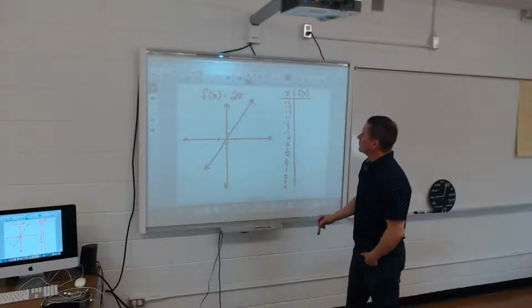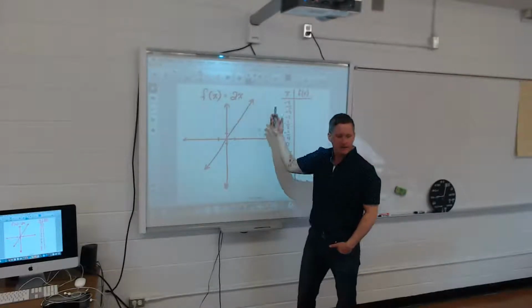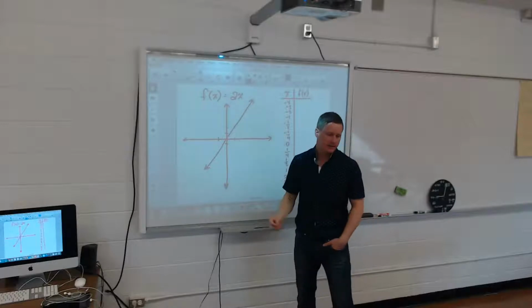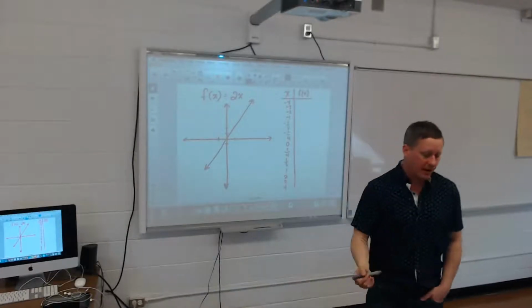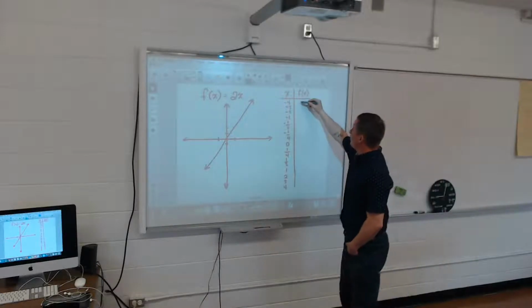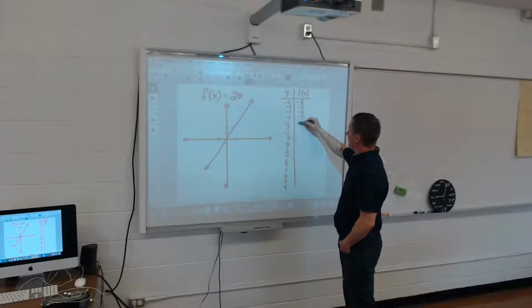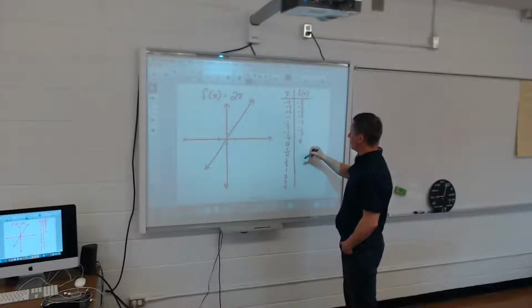Okay, so to get f of x then, I plug in all of these x values in for x, and I multiply them by 2 to come up with my y value. So multiply it by 2. Minus 8, minus 6, minus 4, minus 2, minus 1. That'll be minus a half. That would be 0.